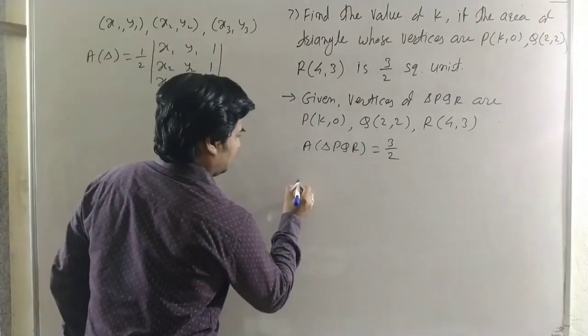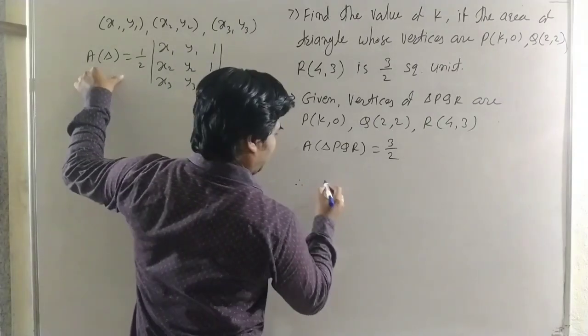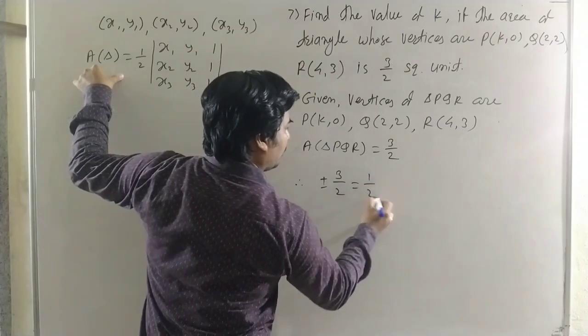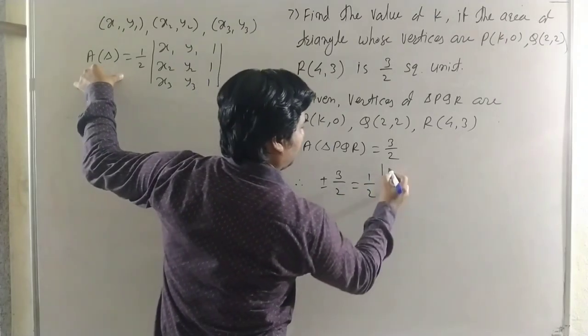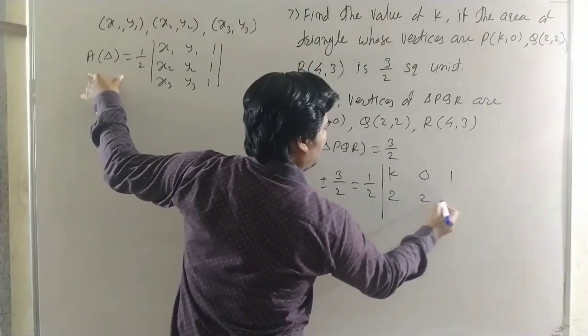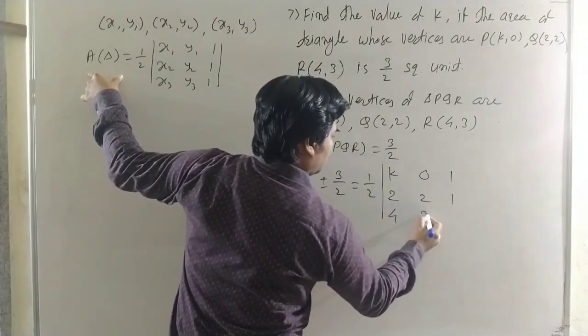Then we know the area of the triangle: plus or minus 3 by 2 is equal to 1 by 2 into the determinant of K 0 1, 2 2 1, 4 3 1.